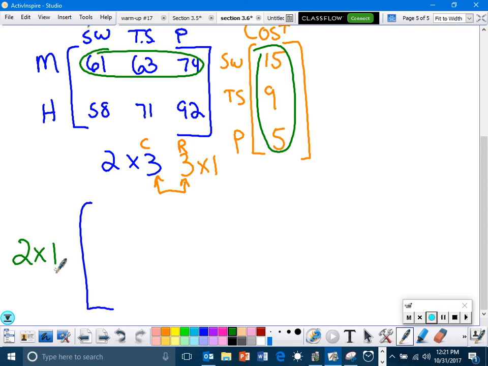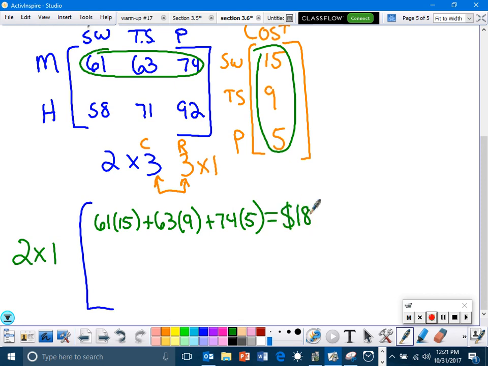So we're going to take 61 times 15 plus 63 times 9 plus 74 times 5. That's going to give us $1,852.